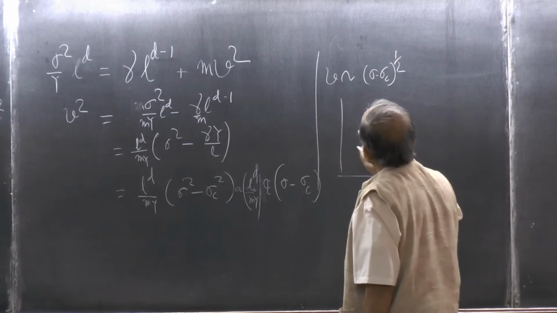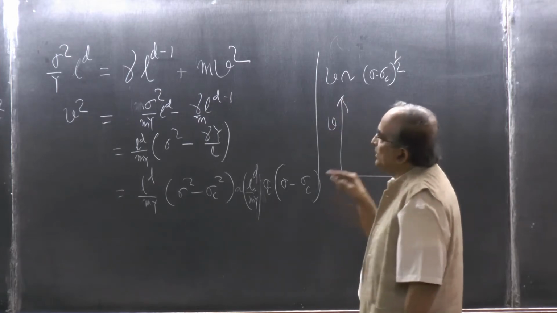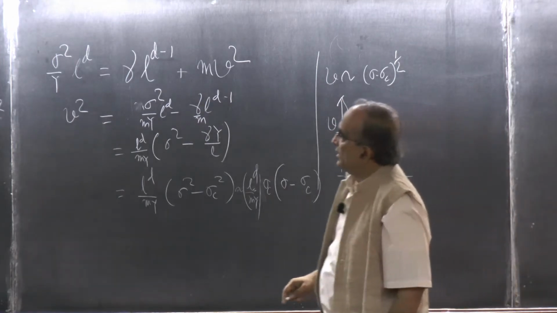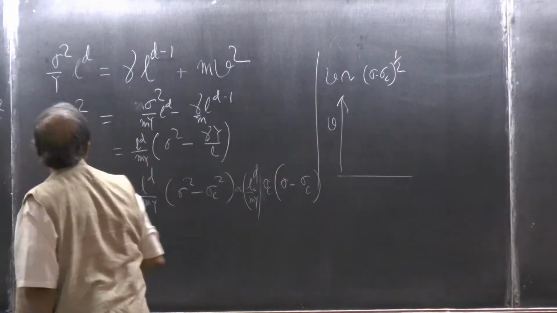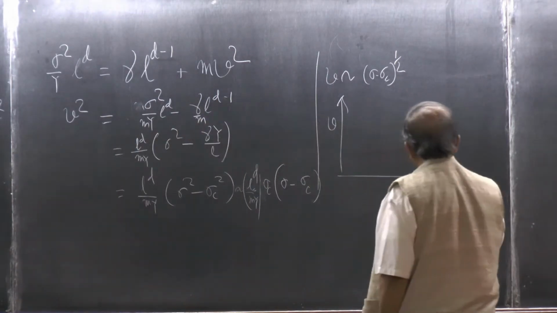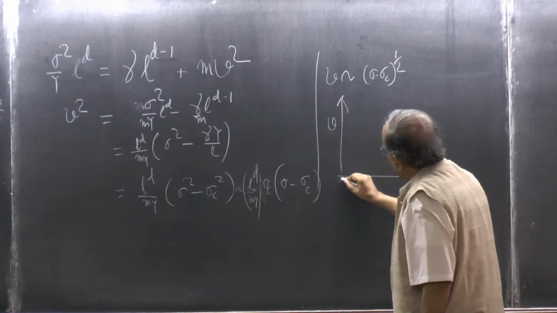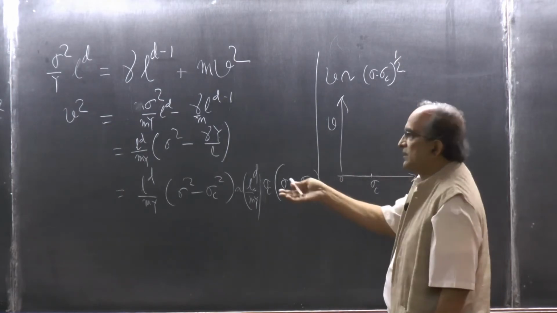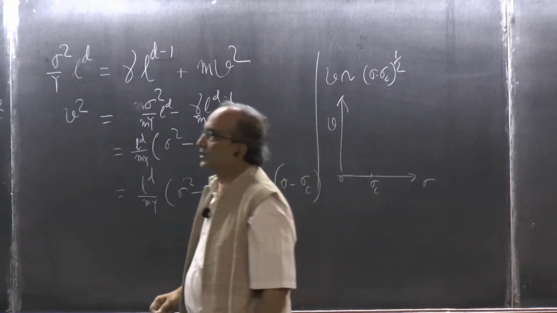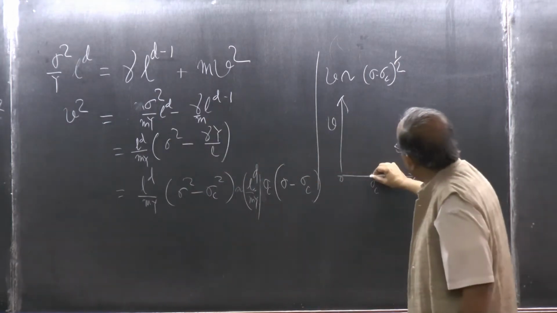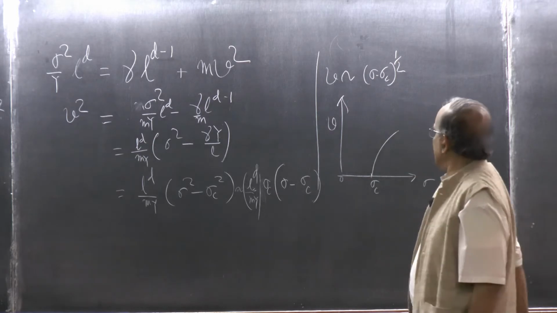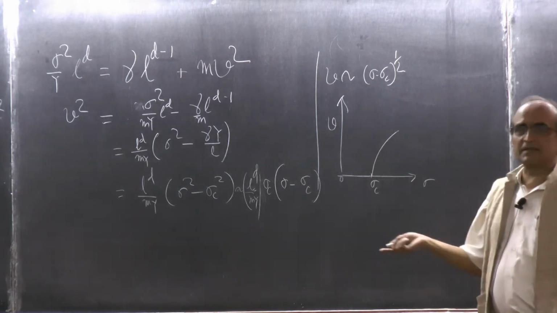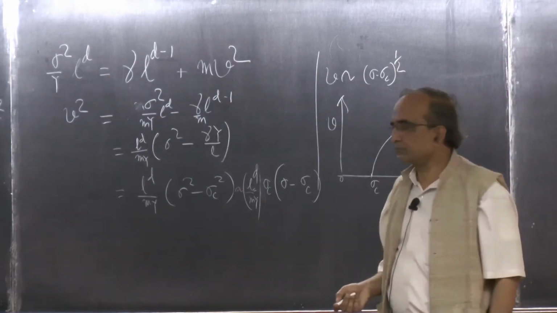And that means if you take the velocity of the crack tip in this kind of situation against sigma, from 0 to sigma c there would be no velocity because the crack is not propagating at all, and then it will start growing as sigma minus sigma c to the power half.